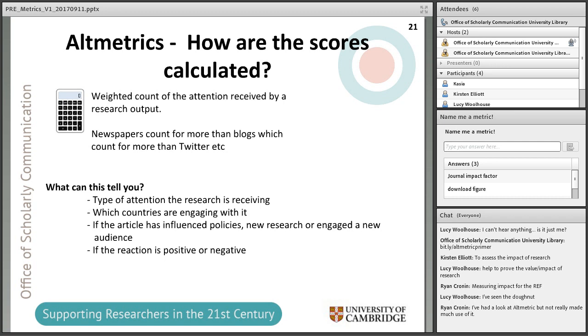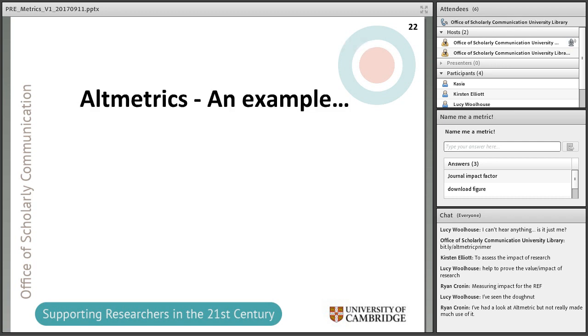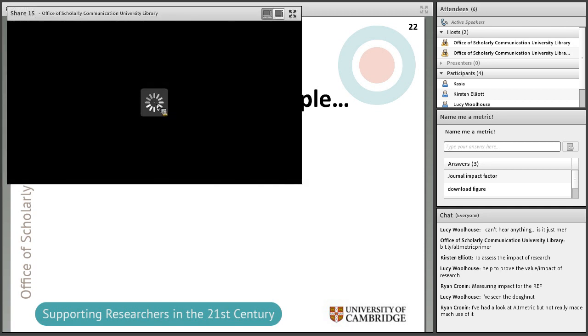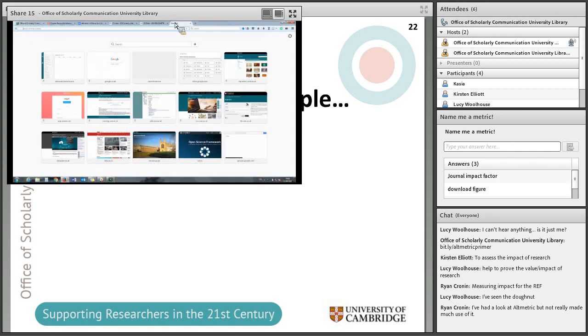So I've realised this is the point in my slideshow where I usually give an example. So let me work out how I can share my screen. Okay, so there's your lovely Moodle course.